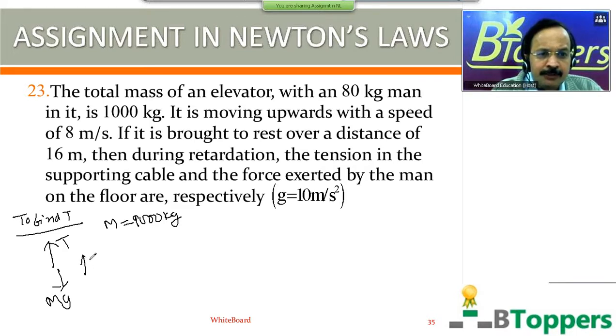So the direction of the motion is upwards. Let us take the upward direction as the positive direction for initial velocity and displacement of 16 meters. The final velocity becomes 0 after it moves 16 meters.